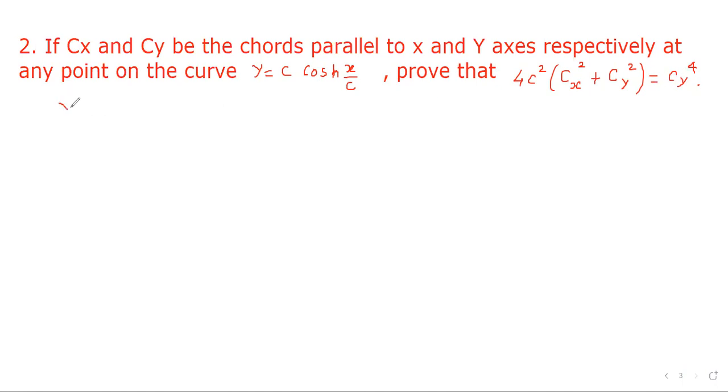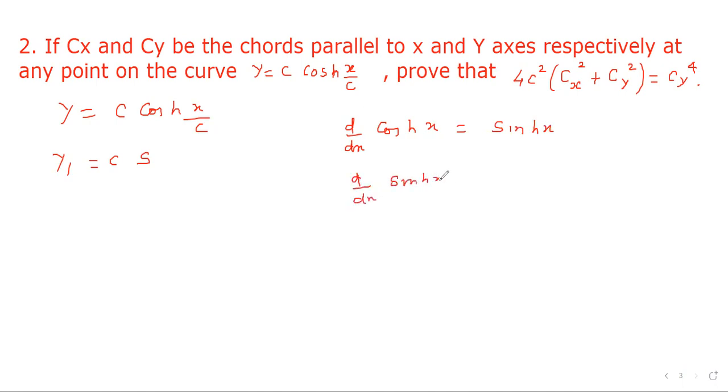we can proceed with y equal to c times cos hyperbolic x upon c. We find y1, and differentiation of the hyperbolic function is positive. So here we will get c times sine hyperbolic x upon c, since d upon dx of cos hyperbolic x is sine hyperbolic x, and d upon dx of sine hyperbolic x gives cos hyperbolic x.